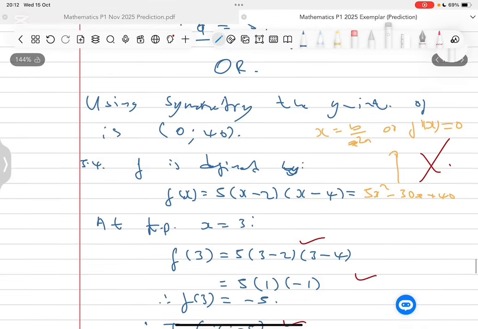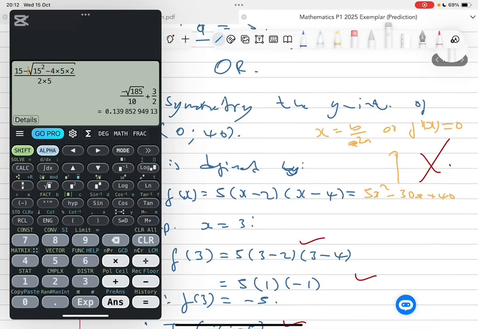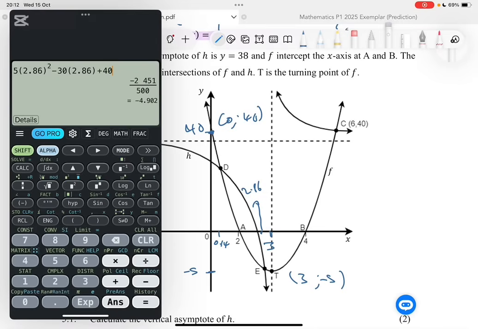If I use the parabola, I will have 2.86 squared minus 30 times 2.86 plus 40. Then I get negative 4.9. This number is just above the 5, which is the turning point.